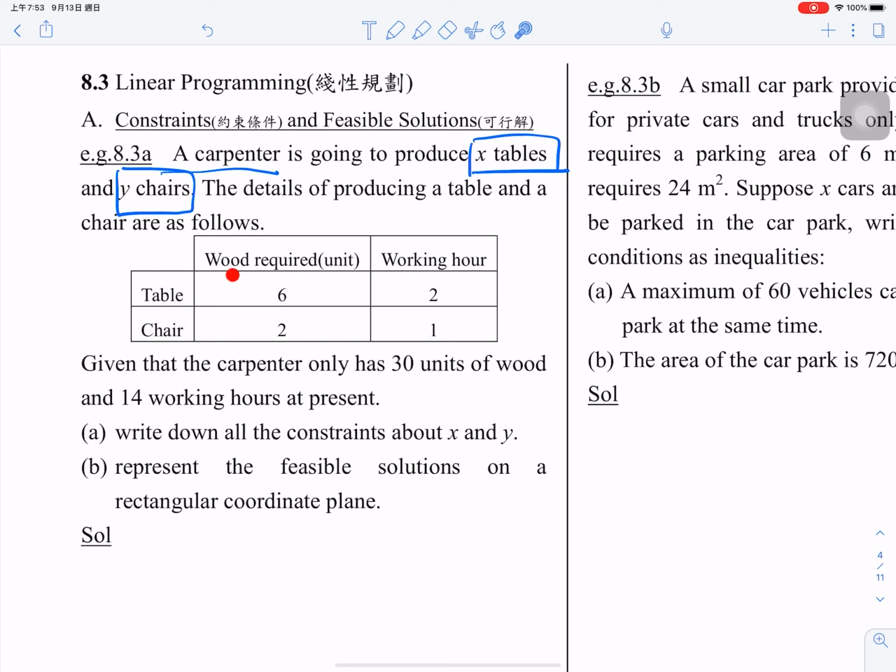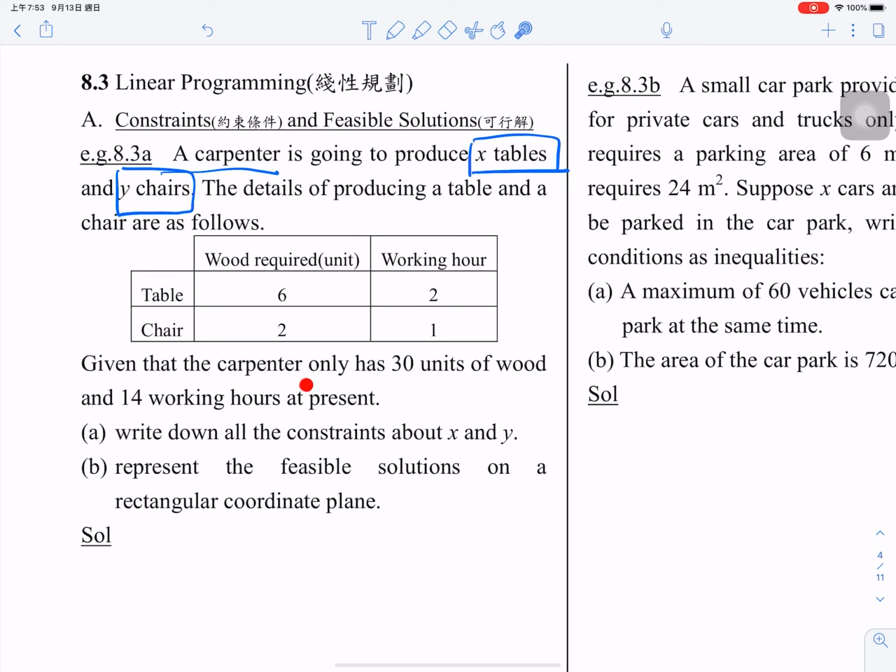Wood required, working hours. When you produce a table, you need to use 6 units of wood with 2 working hours. For one chair, you need to use 2 units of wood and 1 hour.